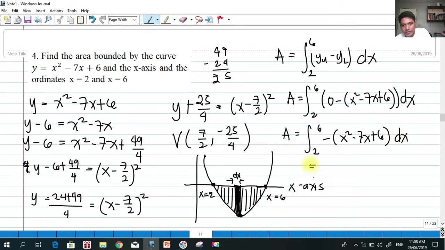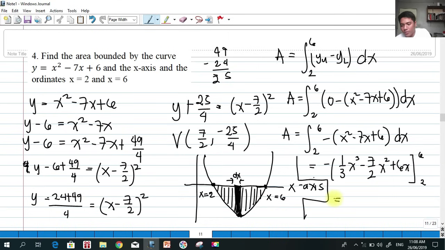If we integrate this, we have the negative of one third x cubed minus 7 halves x squared plus 6x evaluated from 2 to 6. Your answer should be 56 over 3 square units.